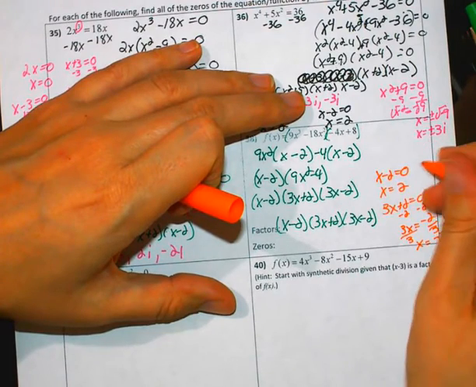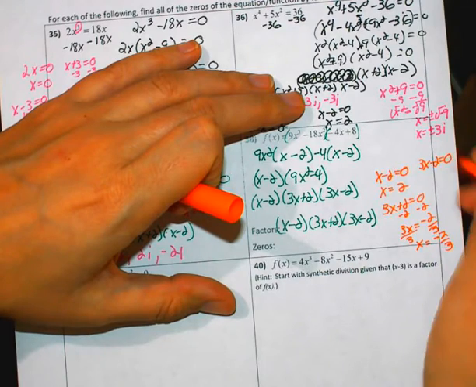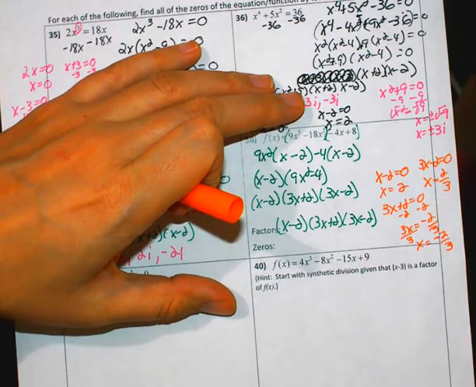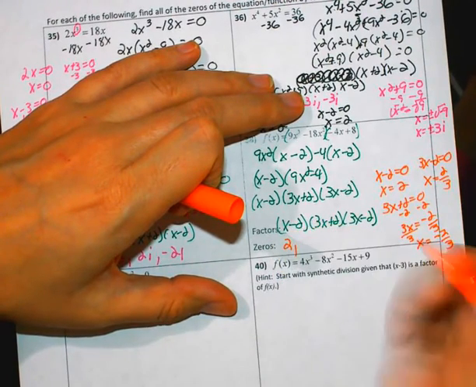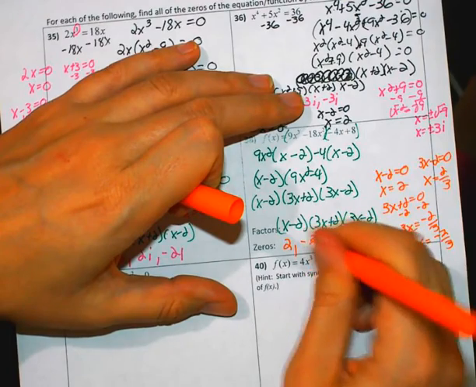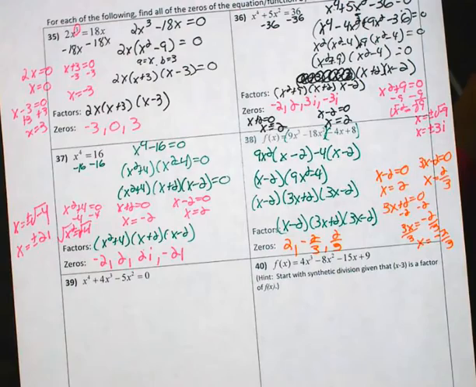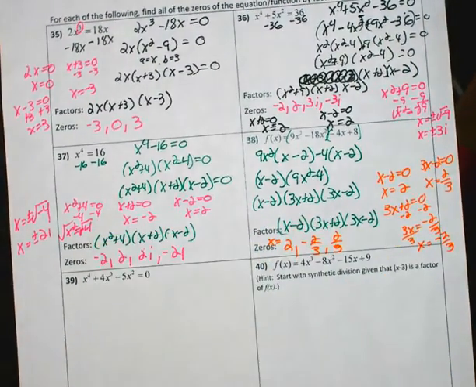And then we have 3x minus 2 equals 0, plus 2 on both sides, divided by 3, so x equals 2 over 3. So my zeros are 2, -2 over 3, and 2 over 3. And you should write x equals, since they're zeros.